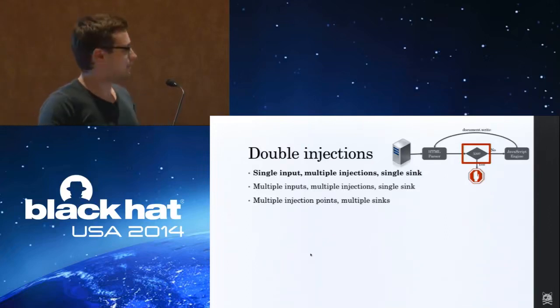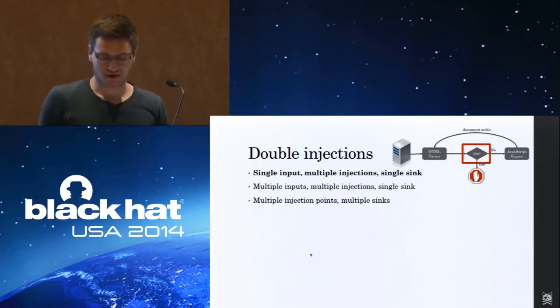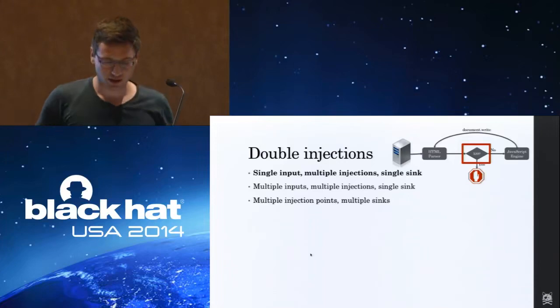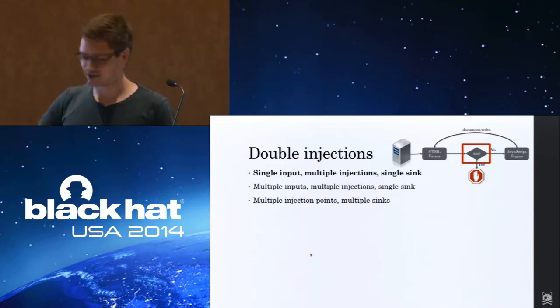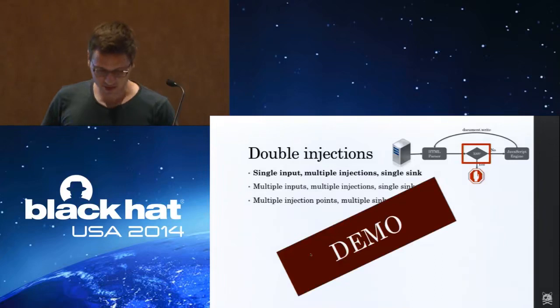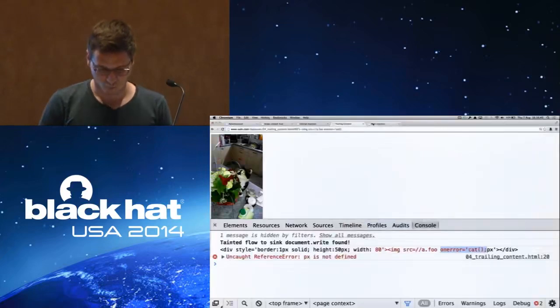You might also have multiple inputs with multiple injections, so basically taking two different parts of the URL and putting them in there. And you might even have multiple injection points with multiple sinks, but this is way too complicated, I think. So I'm going to try and demo only the single input multi-injection.